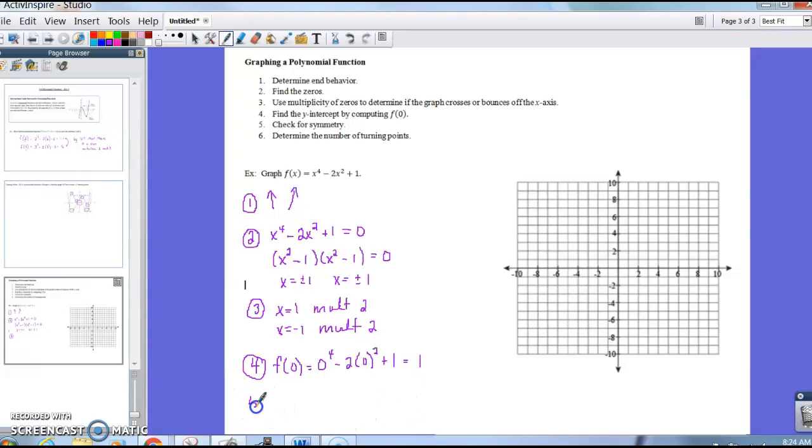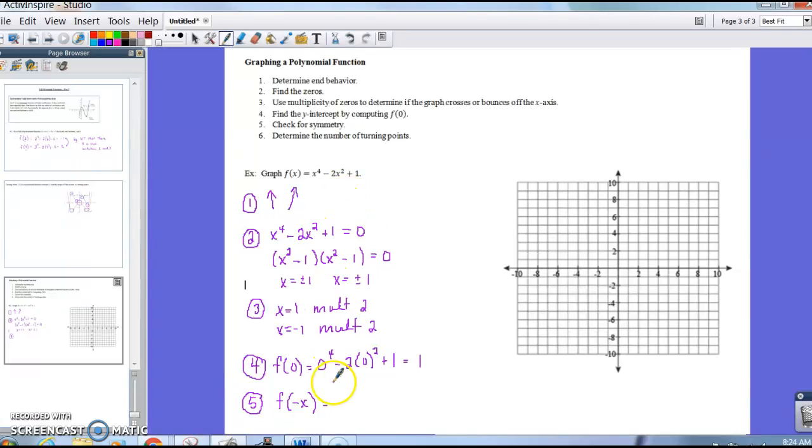Step 5 says to check for symmetry. This goes back to a while ago when we talked about even and odd symmetry. Basically, we're checking f of -x.